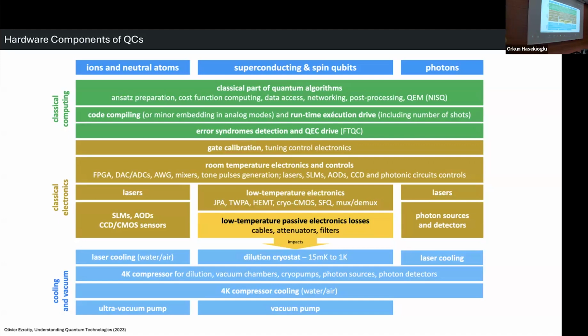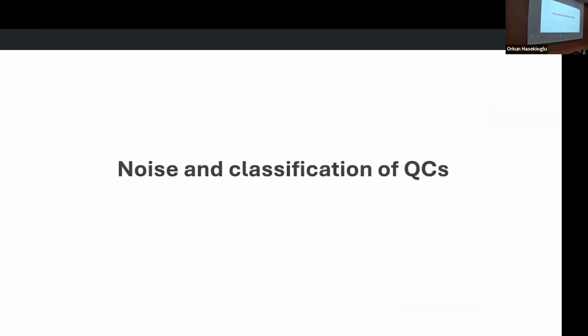For photons it's a little bit different from, for example, superconductors. Ions, neutral atoms, etc. also use lasers or similar systems to excite the ions, but they don't use the emission from the systems. Then you need photon sources and detectors. You might want to cool down your system, etc., but some of them are in common.